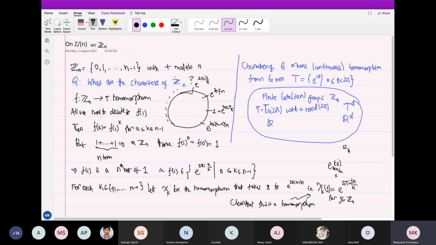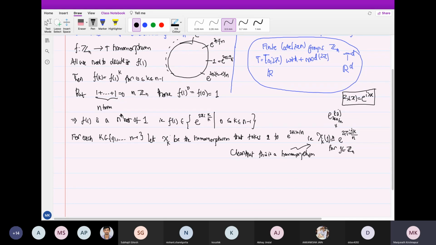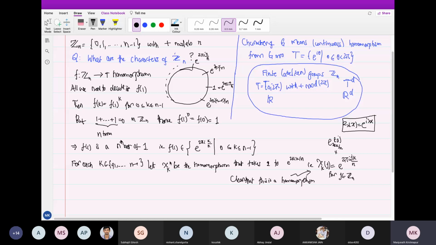According to my earlier notation, e lambda of x is e to the i lambda x. So it is actually e 2 pi k by n applied to the number j. So I can call it e 2 pi k by n. Okay, so that's also fine, but I just denoted chi k. Chi is the standard symbol we will use for characters. So these are all the homomorphisms of Zn.